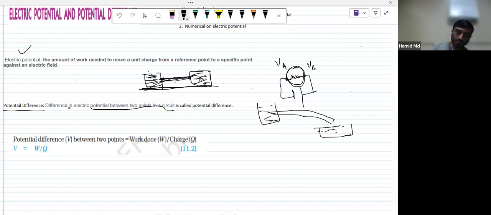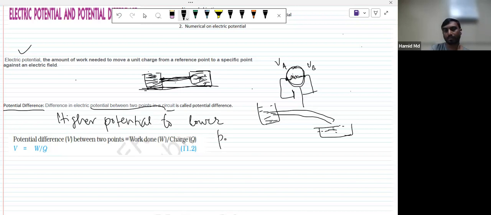And the flow of charge always happens from higher potential to lower potential. Got the point?